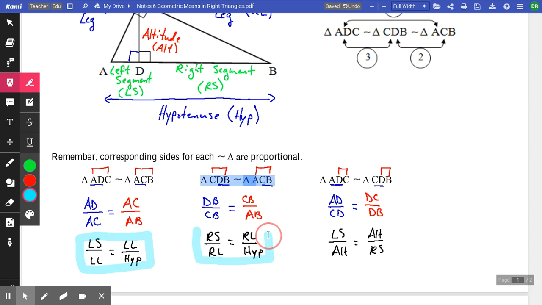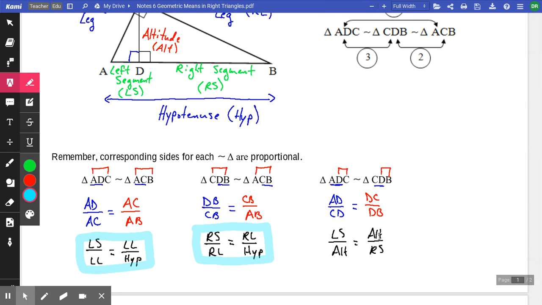These two proportions are created when we compare the triangle on the left to the big triangle and the triangle on the right to the big triangle. When we compare one of the smaller triangles to the large triangle and the other small triangle to the large triangle, the proportions are almost the same. It's just, were you talking about the triangle on the left or the triangle on the right?